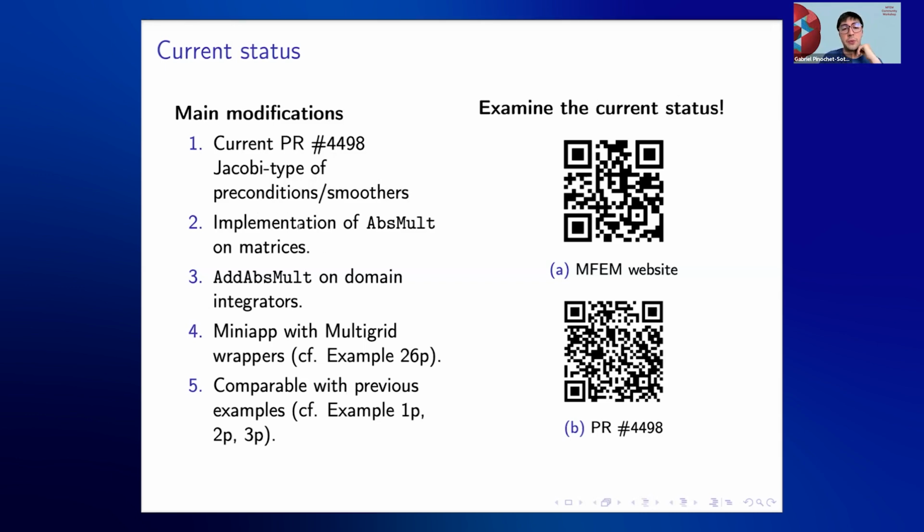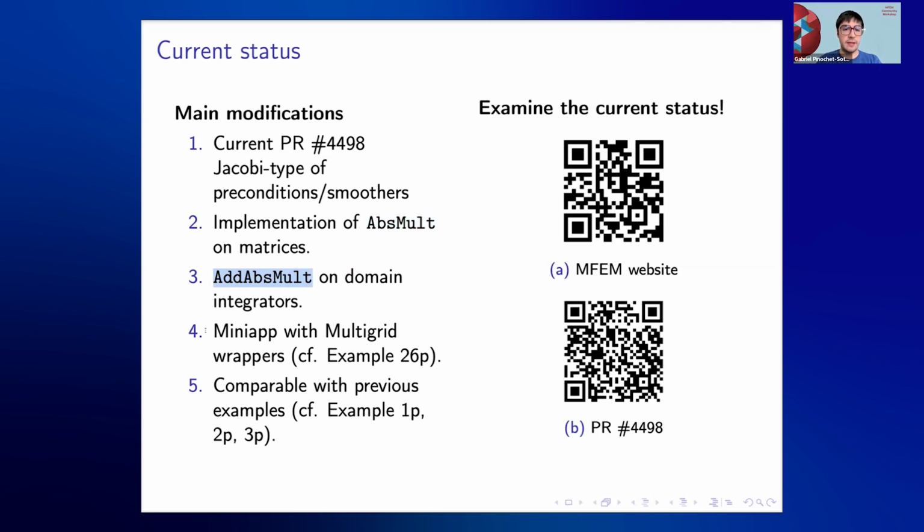The first part of the work was focused on implementing the power apps mode for hypre par matrices. It's something that I did in the first half of my internship. And then the second step was to implement this absolute value application of the integrators, and that required modifying and taking a look at some kernel functions.